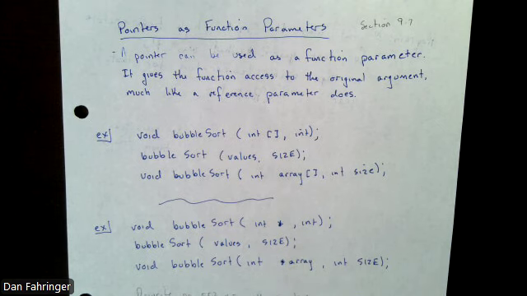I'm going to call it array. Is the asterisk there just saying you're passing the address into bubble sort? Yep.